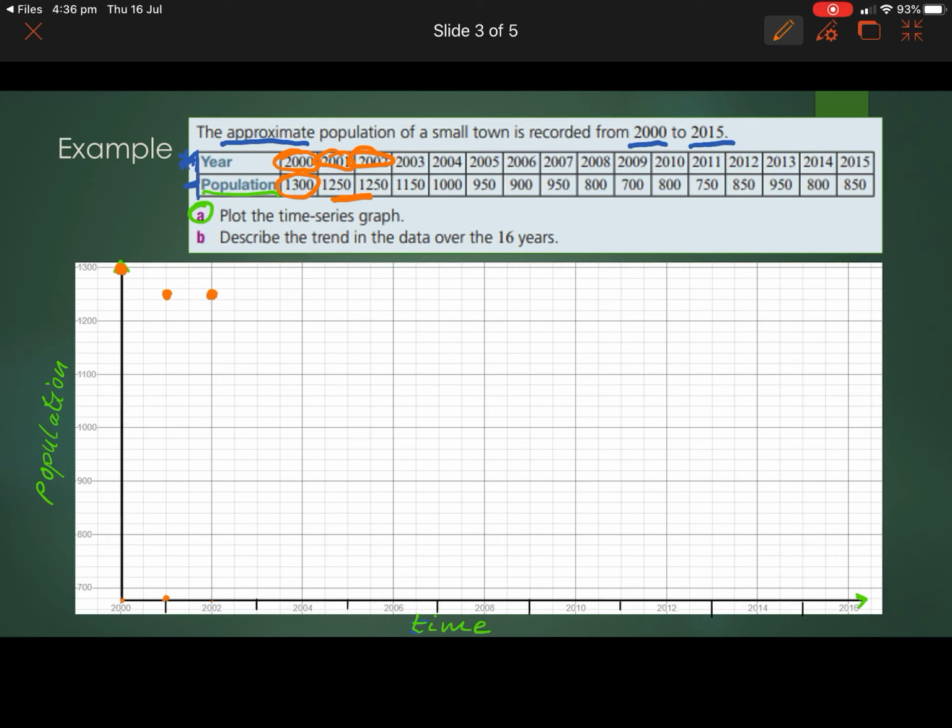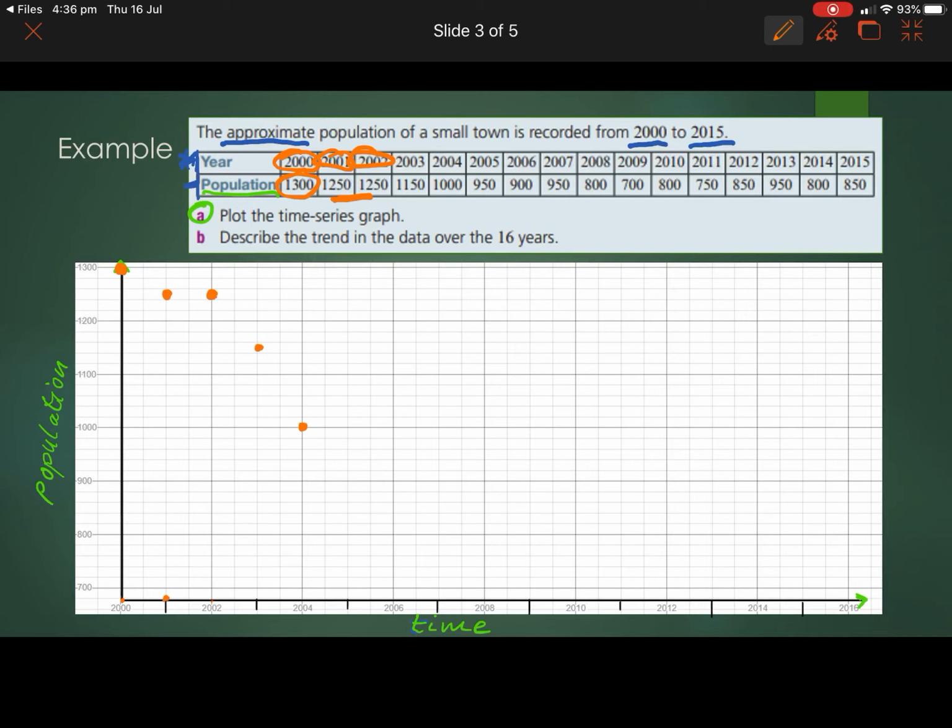This is going to take a little while. So 2003, 1150. 2004 is 1,000. That's quite a dip, isn't it?